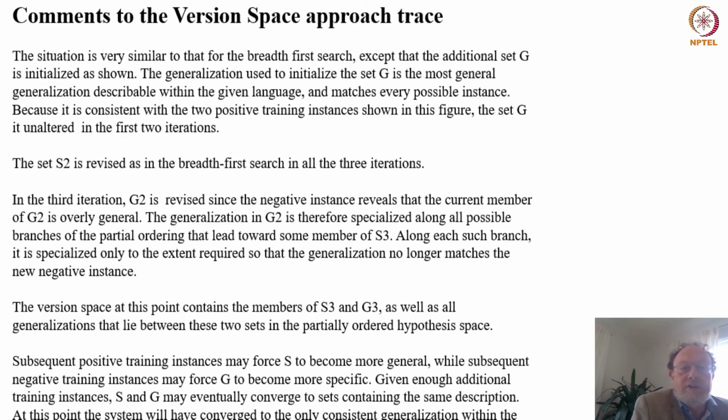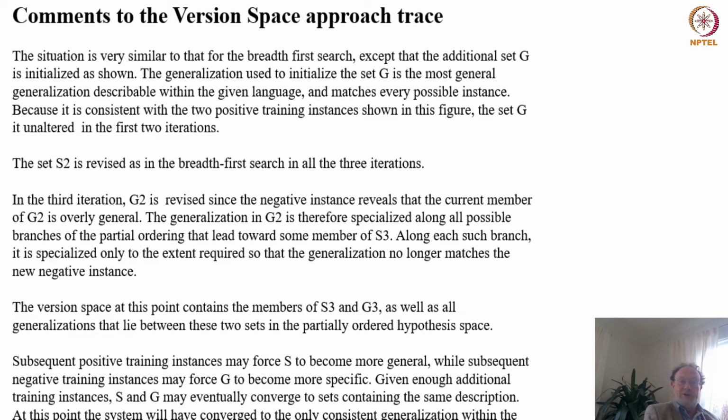So the situation is very similar, but we have to consider the set G, and what we choose to do here is to set G to the most general generalization describable within the given language, and that's all question marks, and that matches every possible instance.